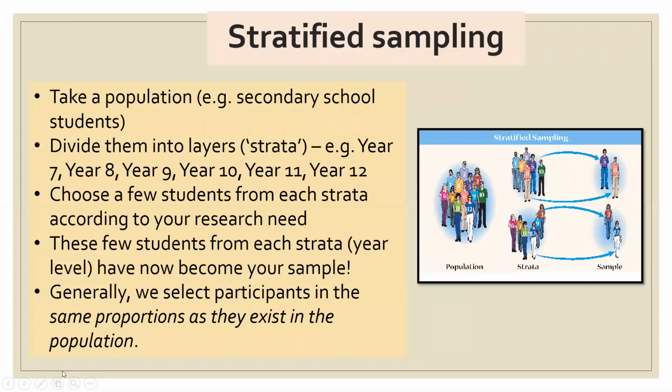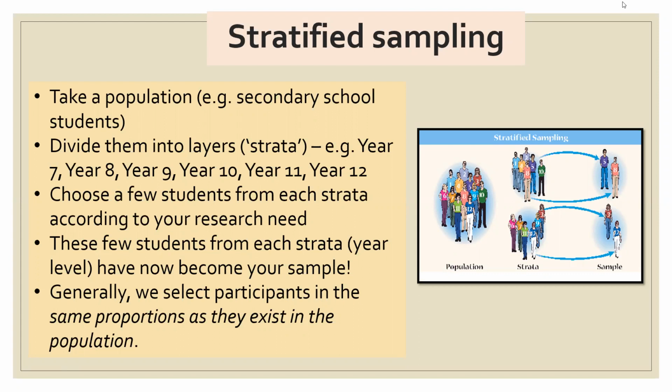So with stratified sampling, what we're really doing is dividing the population into layers or groups and picking people out of the population. So I take all the high school students at Altaqua, take a bunch of people in year 7, take a bunch of people in year 8, year 9, 10, 11, 12, and then I choose a few students from each of those strata according to my research needs.